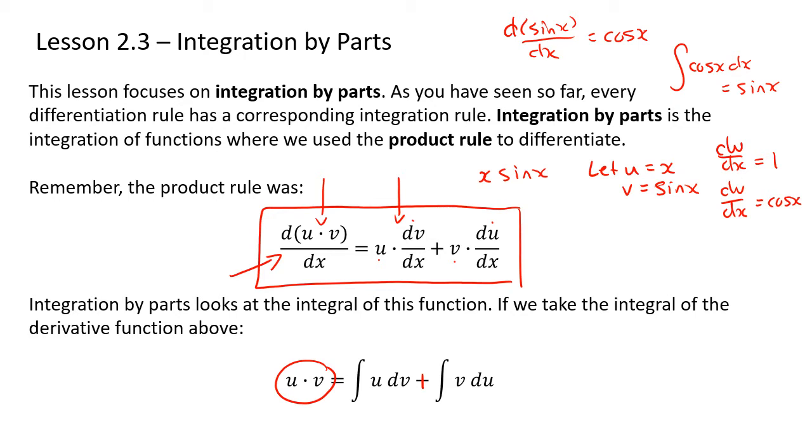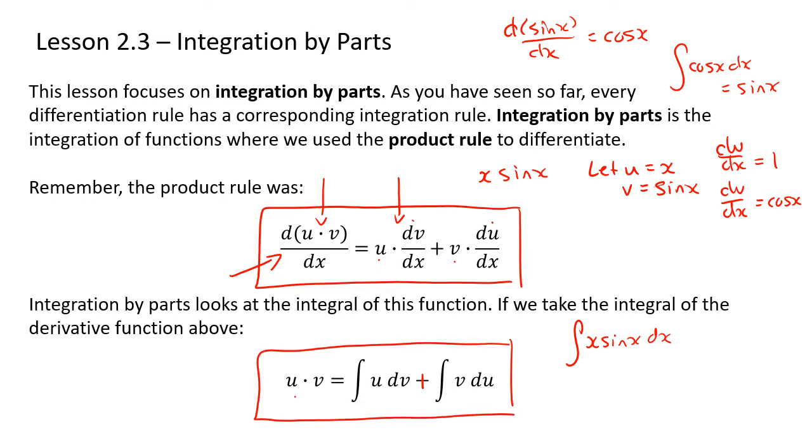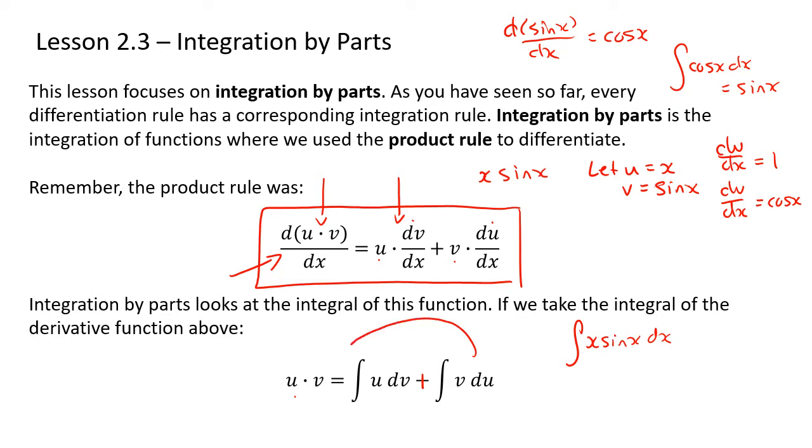Now, when we're finding an integral, oftentimes we are given something like the integral of x sine of x. The way we have it currently written isn't going to serve our needs because it has the multiplication of two functions u and v on one side of the equation. We want to have just an integral on that side. So in order to do that, we simply move one of these integrals.